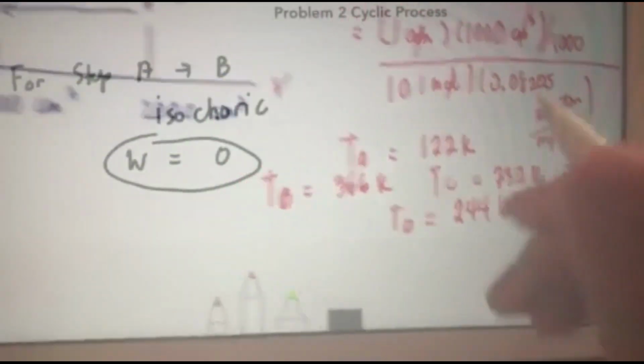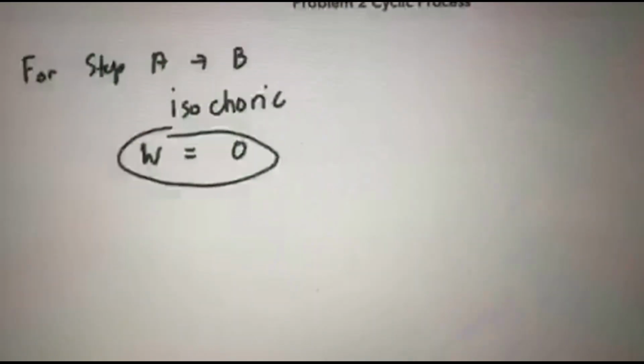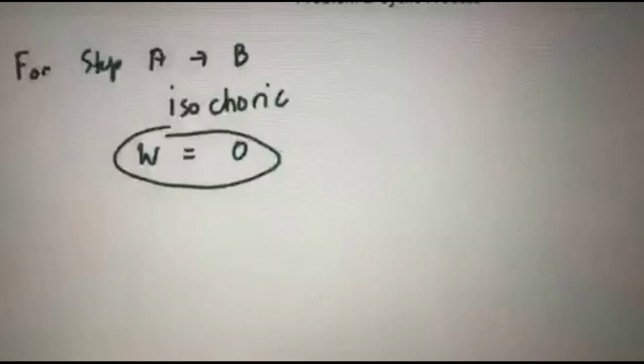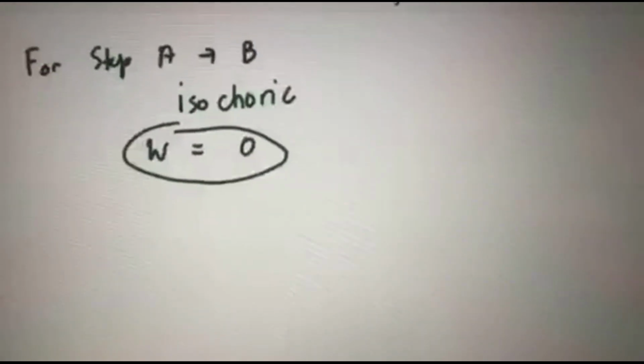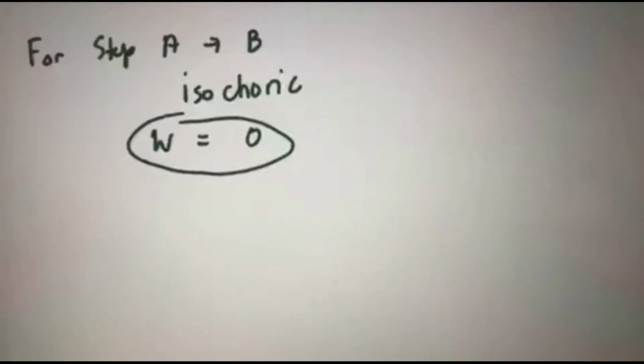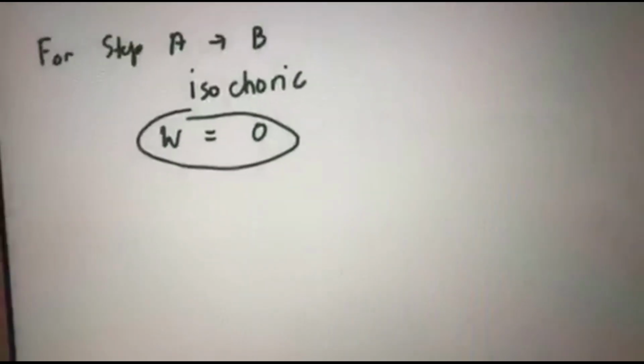Now, solving for step A to B, since this is an isochoric process, we know that work is equal to 0.